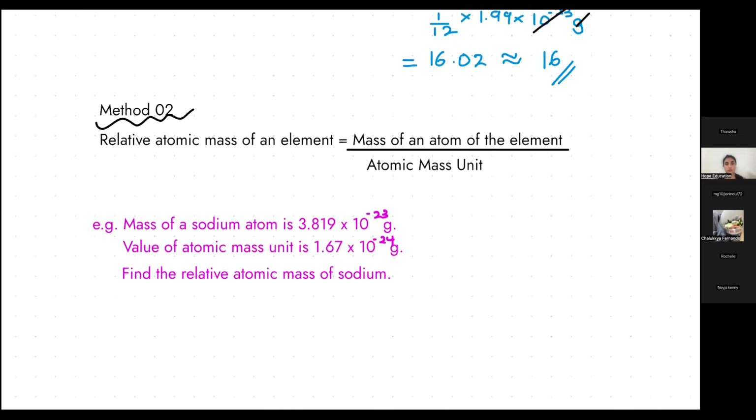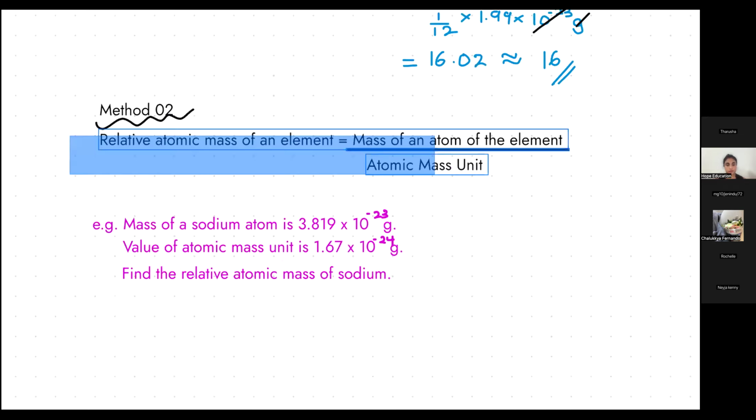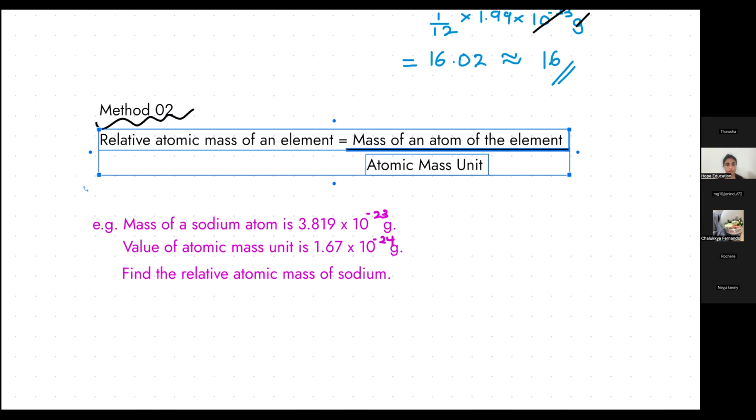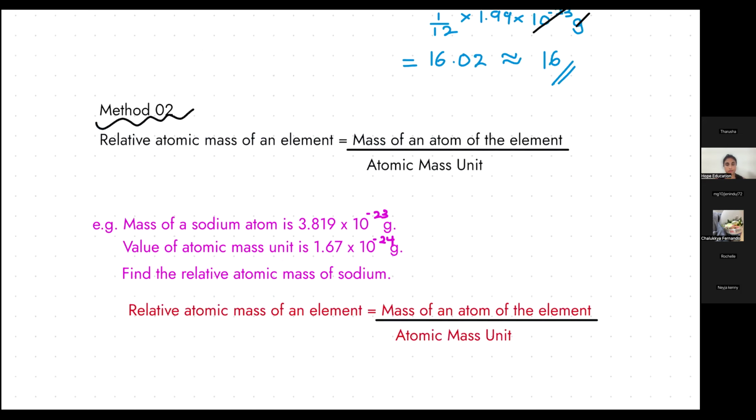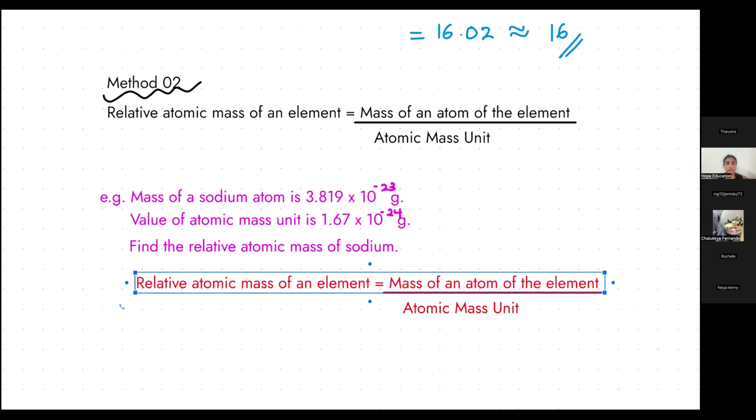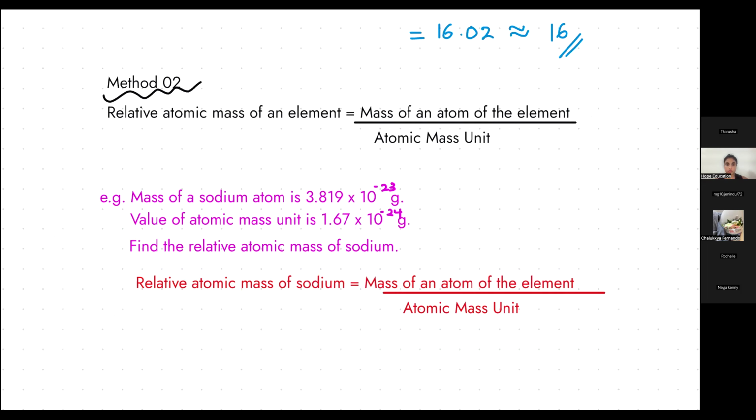Now we have to use this formula. Relative atomic mass of sodium is mass of an atom of sodium divided by atomic mass unit.